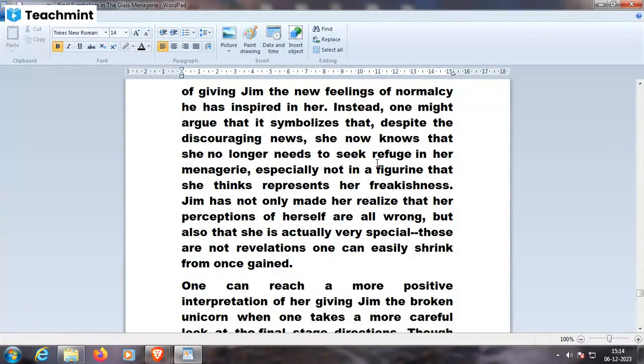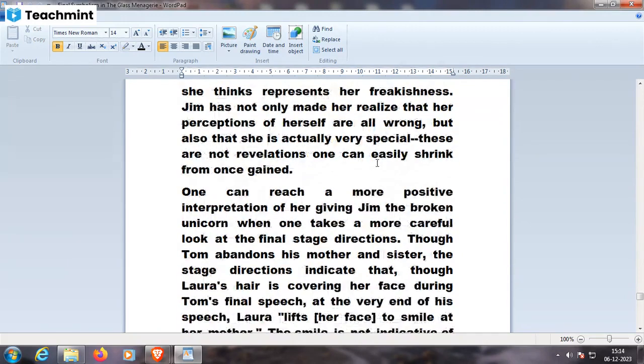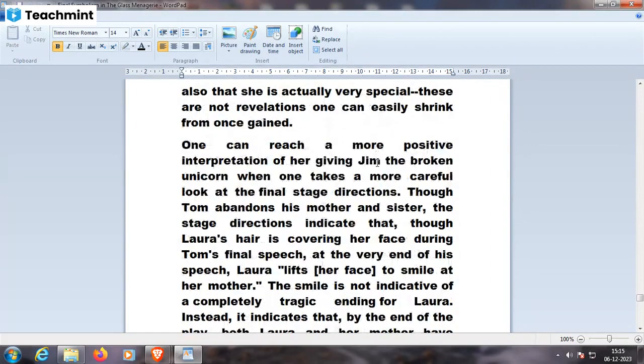One can reach a more positive interpretation of her giving Jim the broken unicorn when one takes a more careful look at the final stage direction. Though Tom abandons his mother and sister, the stage directions indicate that Laura's head is covering her face during Tom's final speech, but at the very end of the speech, Laura lifts her face to smile at her mother.